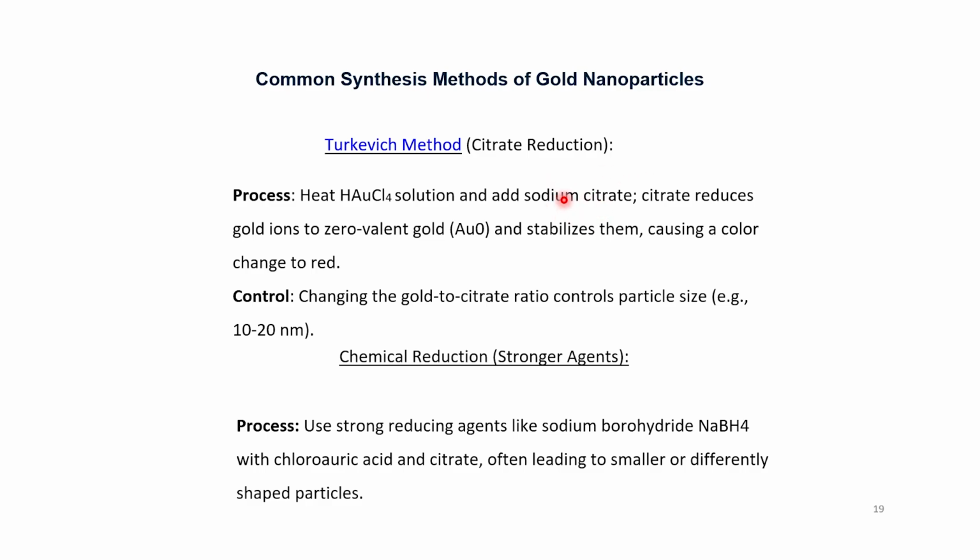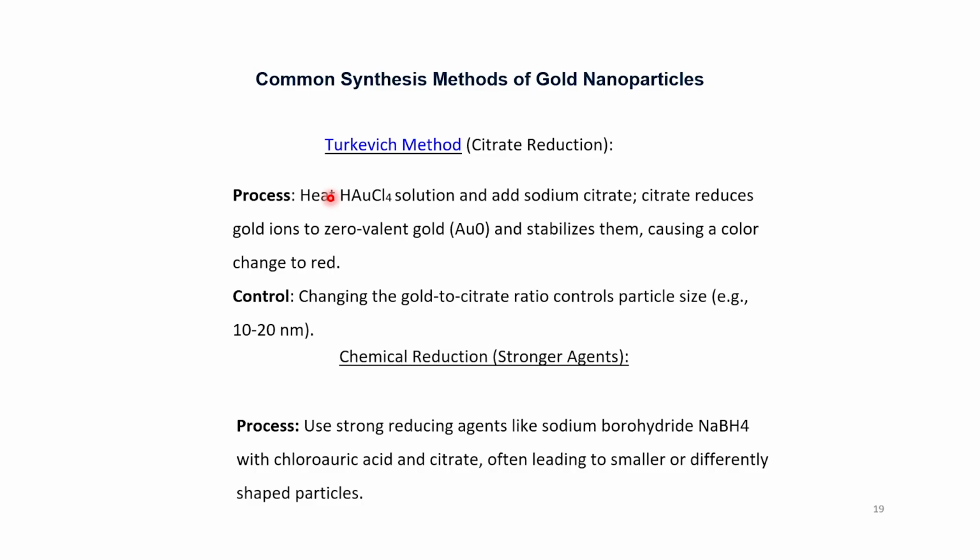Sodium citrate acts as a reducing agent. So citrate is reducing gold ions to zero valent gold and stabilizing them, causing a color change from gold to red. So you see how gold is changing into red color.